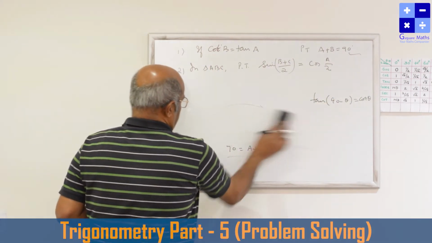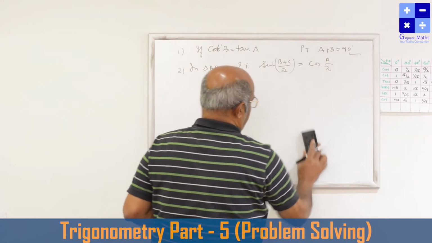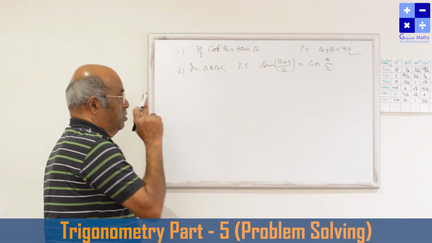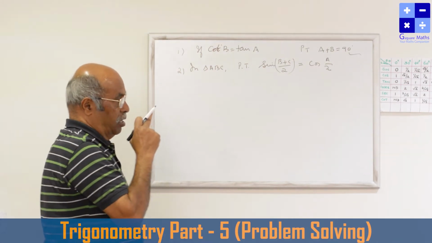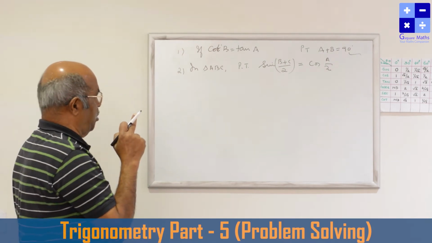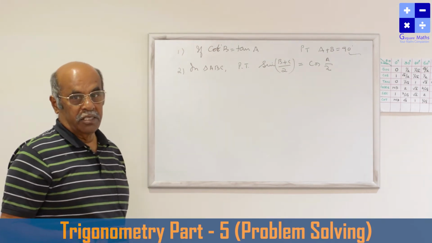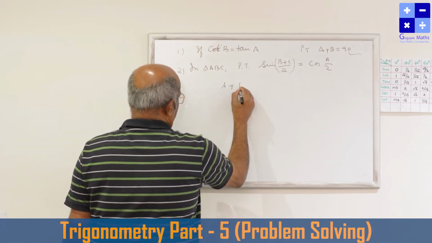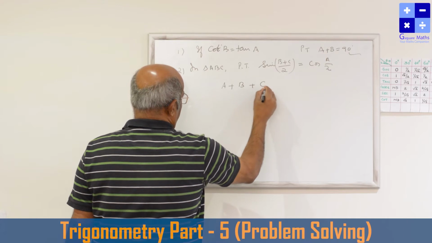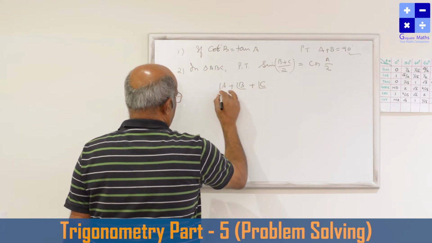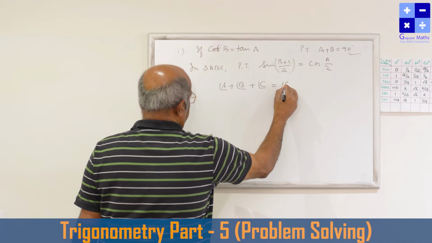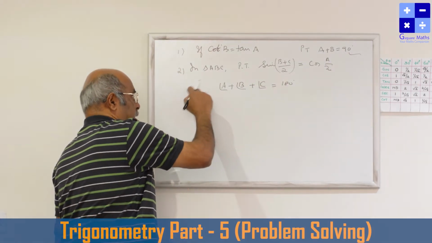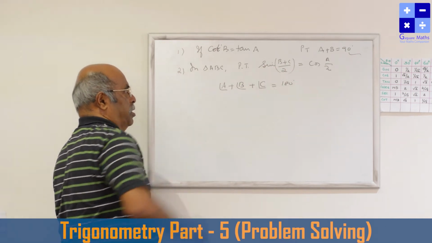Now let us come to the second one. Then we'll go to proving some identities. In triangle ABC, that means the sum of the three angles is equal to 180 degree. Therefore, angle A plus angle B plus angle C is equal to 180 degree.